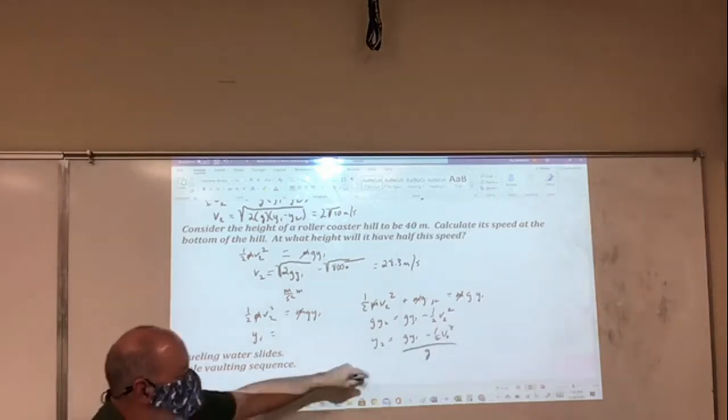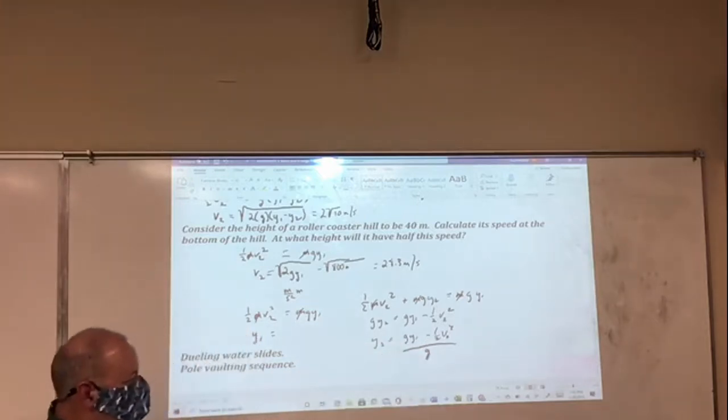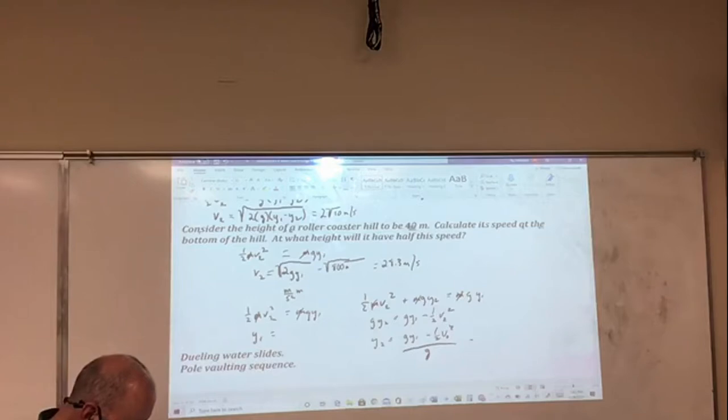Even though you can cancel that one out, you can't cancel that one out, so it's always better to just go ahead and put it under the denominator. So let's say 10 times, what was y1, 40 meters? Minus 1/2.